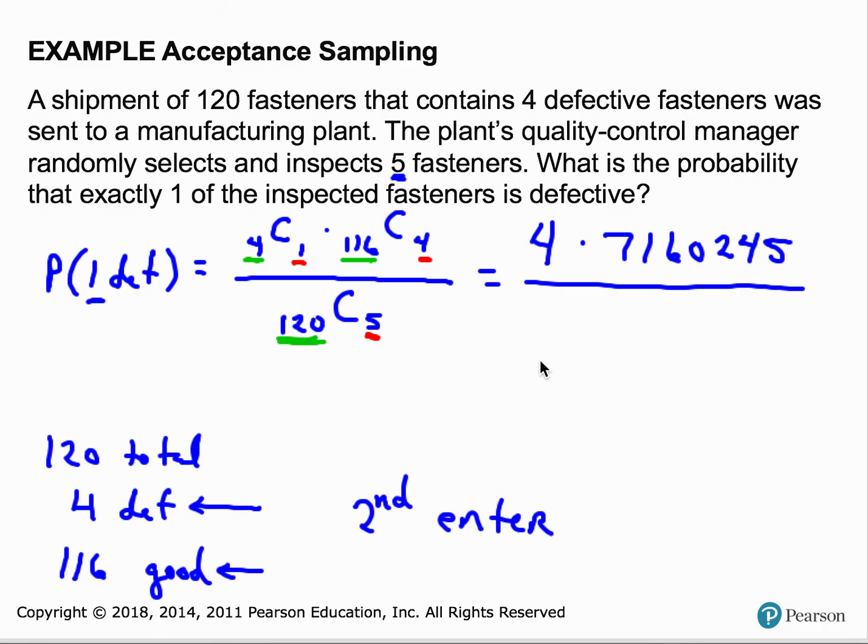But once I have this entered in here, if I hit second enter, it brings that right back up, and all I have to do is go over and change the 116 to 120 and the 4 to 5. So I don't have to keep going back in once I've entered it one time. 78024.